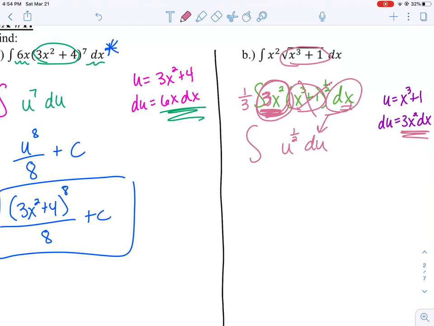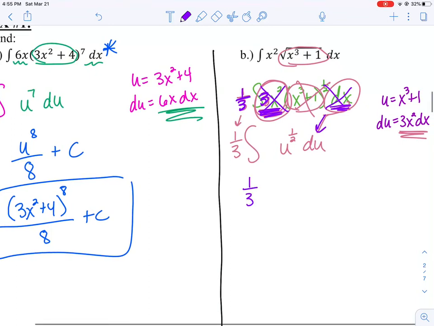So I can take this 3x squared dx and call it du, but I still have the 1/3 out in front. I needed that 1/3 so that I can put in a 3, and I'm allowed to do that as long as it's just a number and I balance them out. I then used the 3x squared dx and called it du, so all of that went away, and I still have a 1/3 in the front.